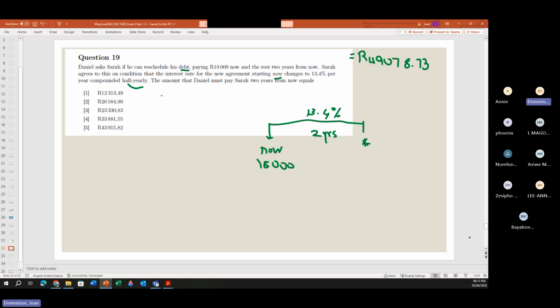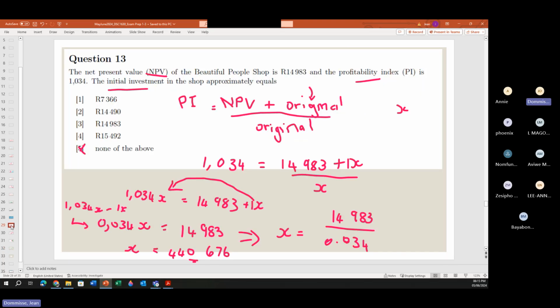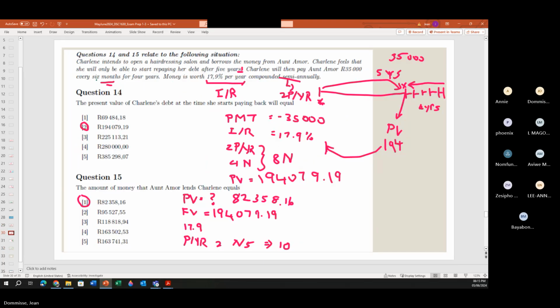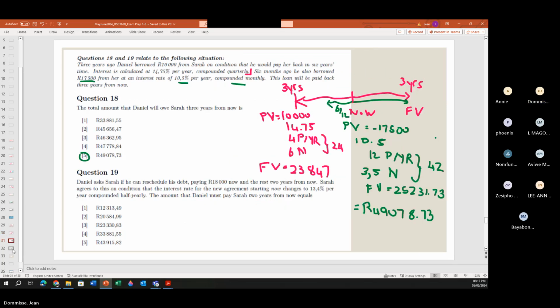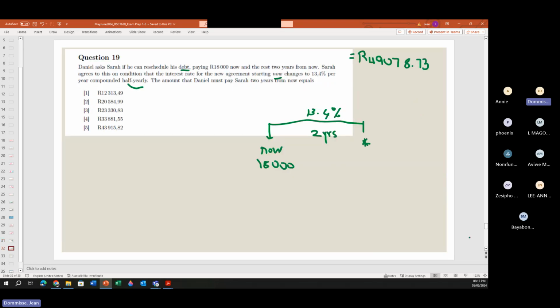Per year compounded half yearly. So now again, in the same questionnaire, they had 6 months, semi-annually, and now half a year as well. It's all the same thing. 13% per year compounded half yearly means it is 2 times a year.